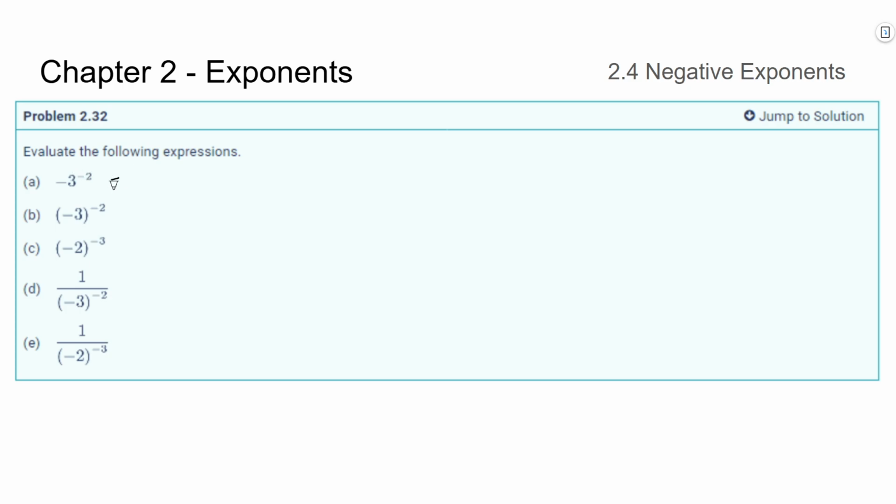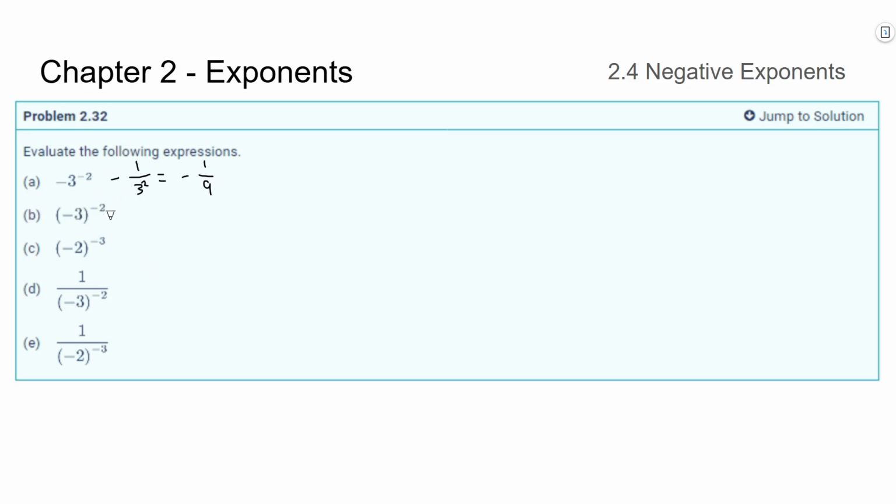We still have to have the negation here. We're going to evaluate the exponent. It's going to be 3 to the -2. So 3 to the -2 is the same thing as 1 over 3 squared. So don't forget our negation. Negation is still going to be there. And this is going to be negative 1 over 9. All right, that's the first one.